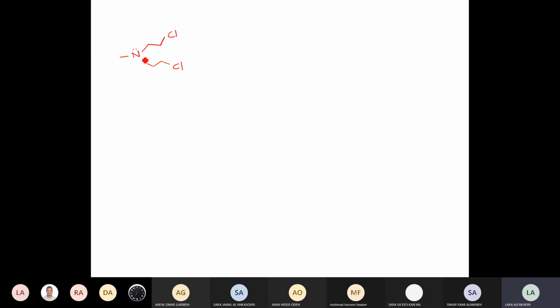This nitrogen, besides being basic, also تعتبر النيتروجين وبالذات الأليفاتيك nitrogens أو الأليفاتيك amines اللي بيكون عندي lone pair of electrons localized, these are highly nucleophilic.